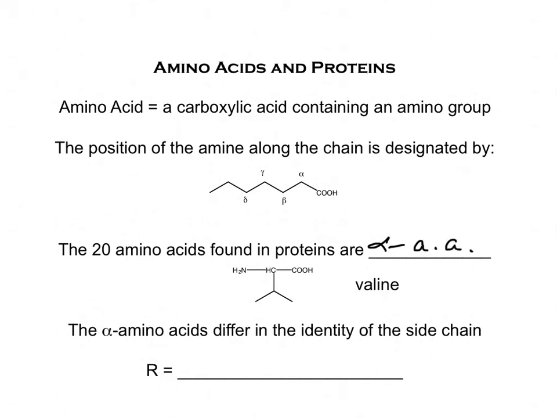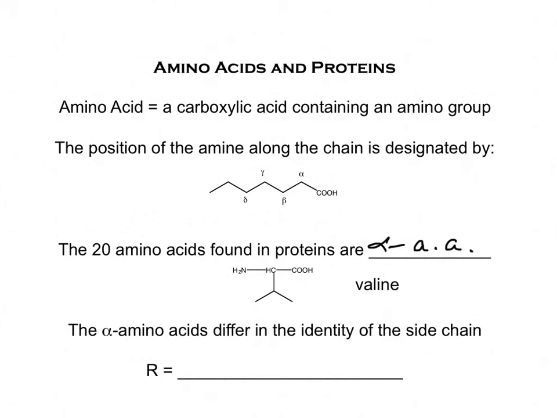So biologically, the alpha amino acids are the ones that are important, not necessarily what an organic chemist would throw out of their head. So an example of an alpha amino acid is this one right here.